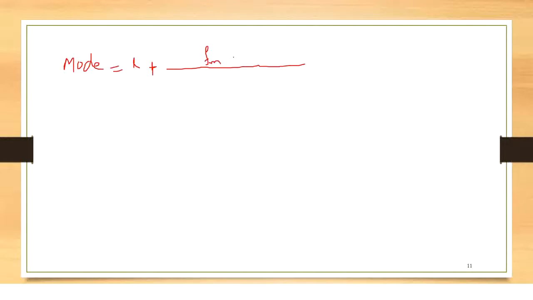Fm minus F1 divided by Fm minus F1 plus Fm minus F2, into H. One thing to be very clear, L is added to this whole fraction, not only to this one.